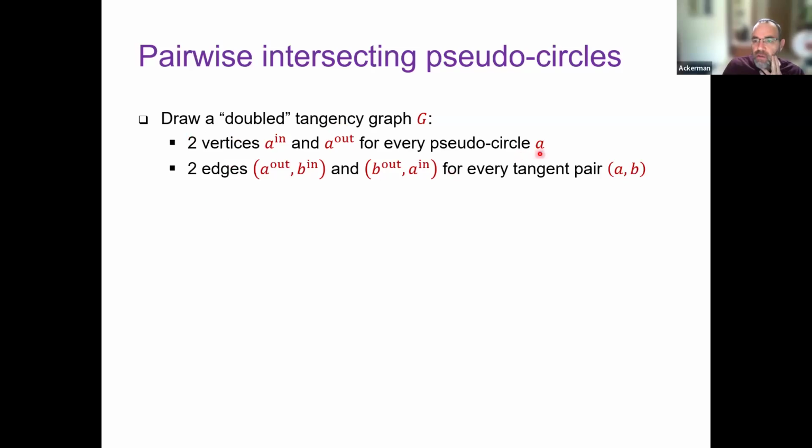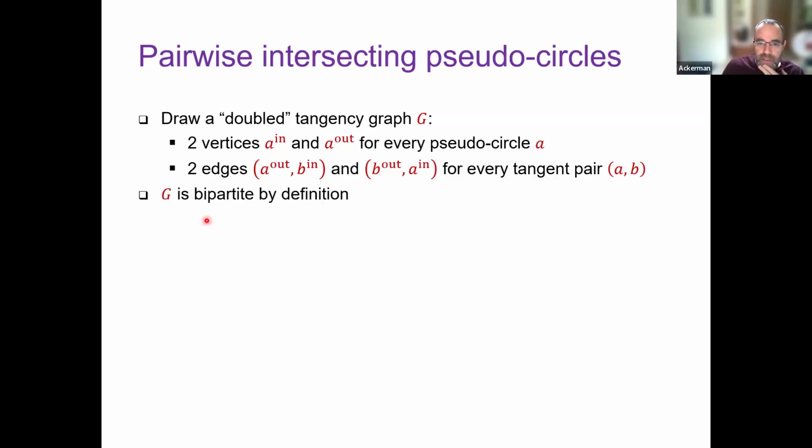For every pseudo-circle, let's call it A, we have two vertices, A in and A out. We chose those names for a reason that will soon be clear. And we have two edges, A out to B in and B out to A in, for every tangent pair A and B. So two vertices for every pseudo-circle and two edges for every tangency.